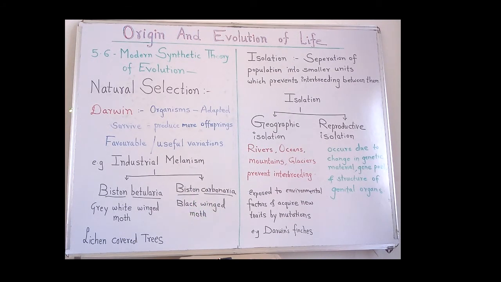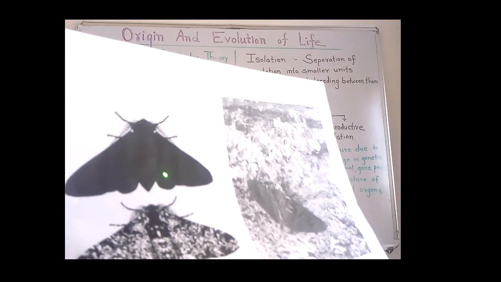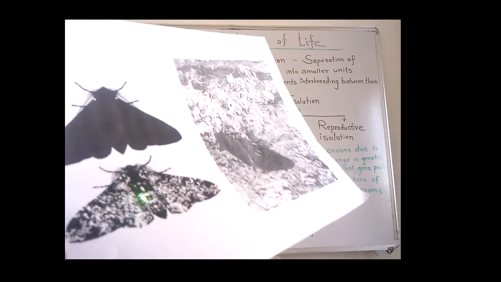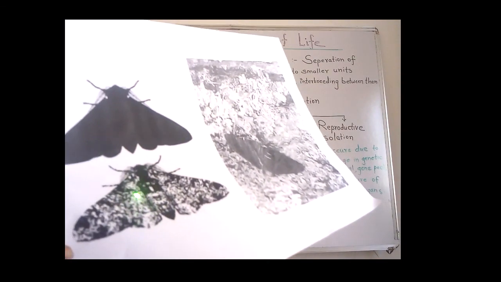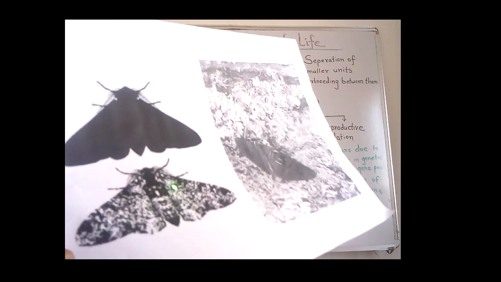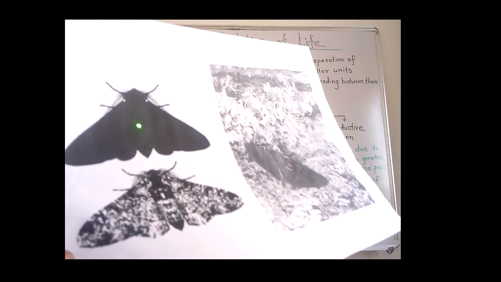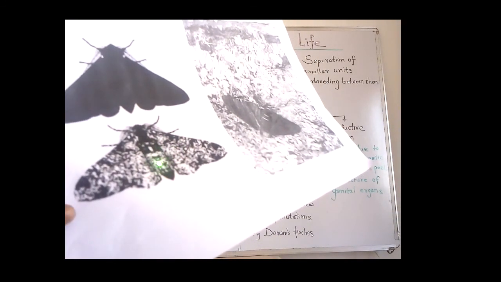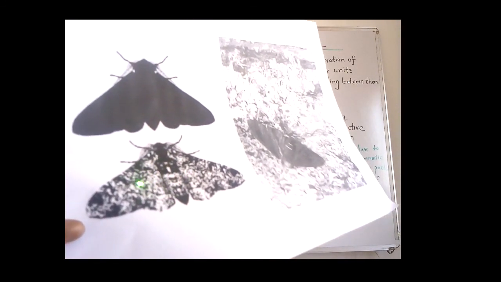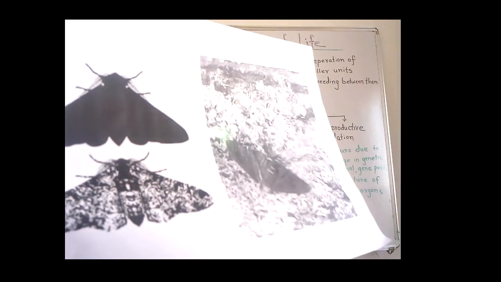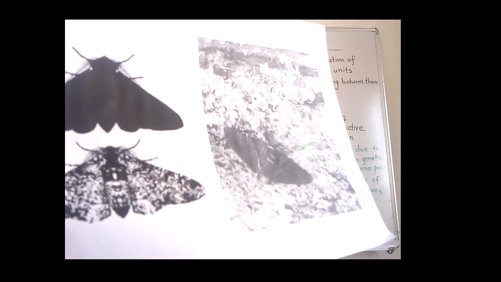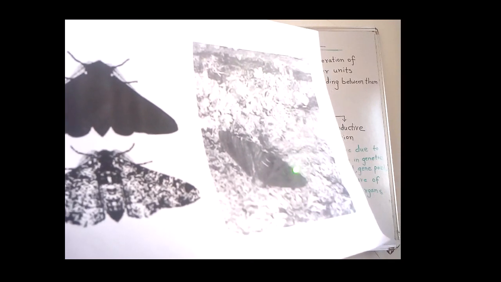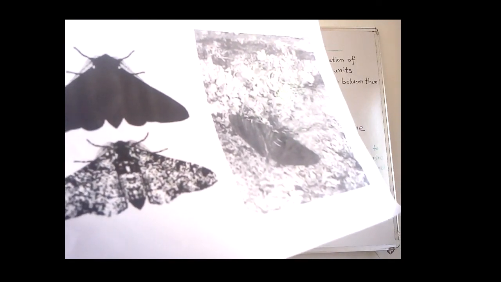Let's see the diagram of this. These are the two moths. This is Biston betularia, which has grey white wings, and this is Biston carbonaria, which has black wings. Biston betularia, the grey white winged moth, can easily camouflage on this tree. This is the diagram of a tree covered by lichens.